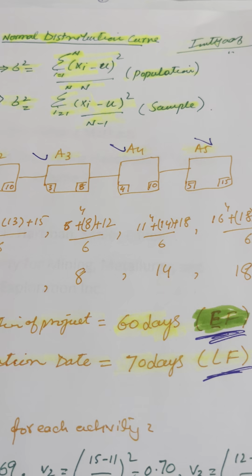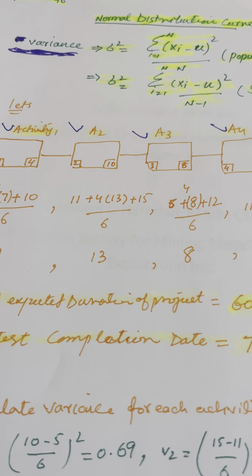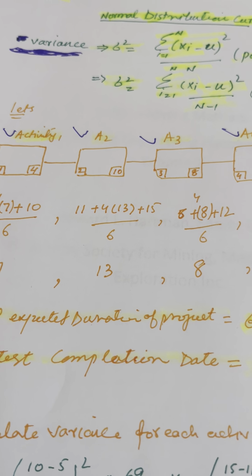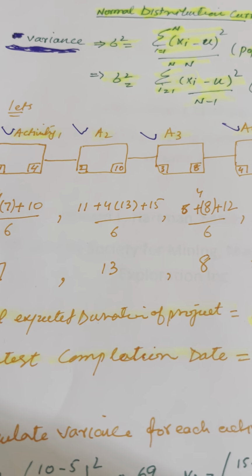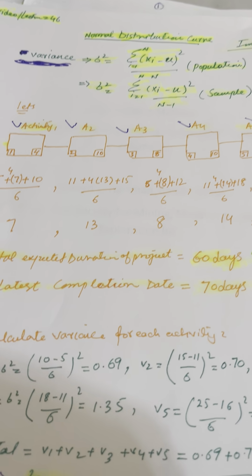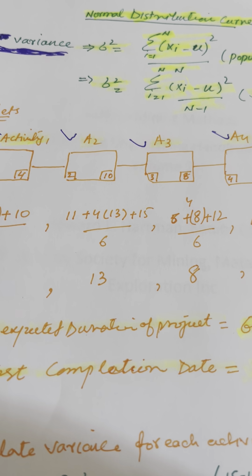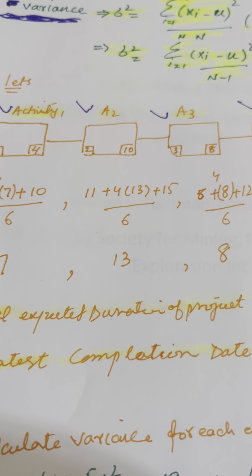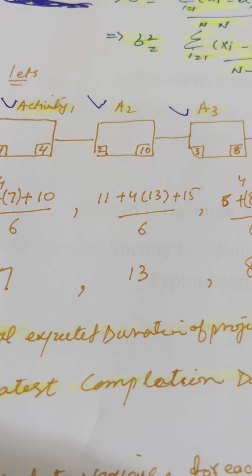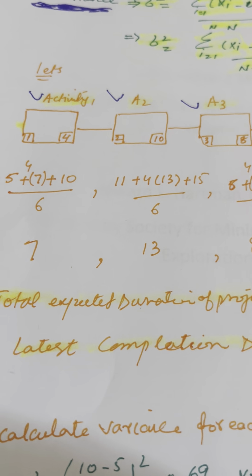And for the project, you can use normal distribution. In the project there is a critical path, which is the longest path in the project, and if you want to accelerate the project, you can accelerate one or two activities and your project will be completed ahead of schedule.